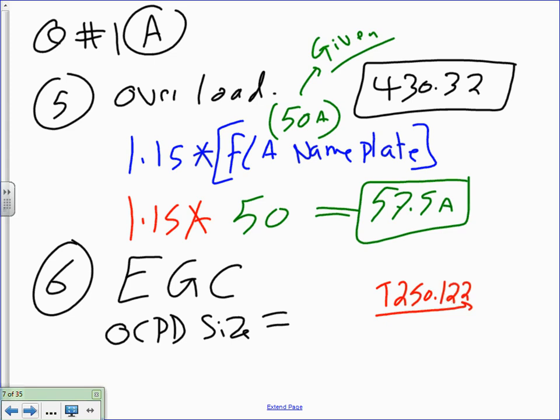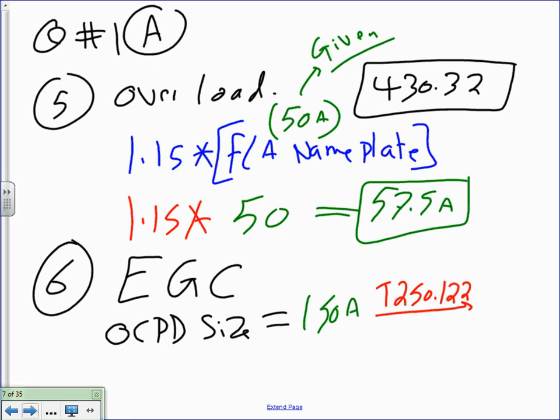Okay, so 57. Then the equipment grounding conductor is always based on the overcurrent protection device. What was the overcurrent protection device, guys? It was a 150 amp overcurrent protection device. So the overcurrent protection device is 150 amps. You take this one to 250.122.